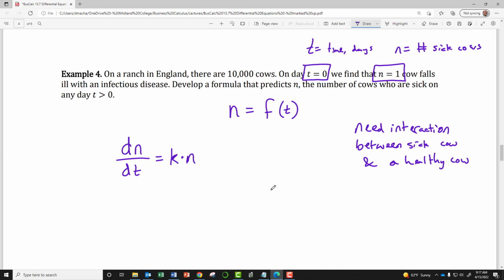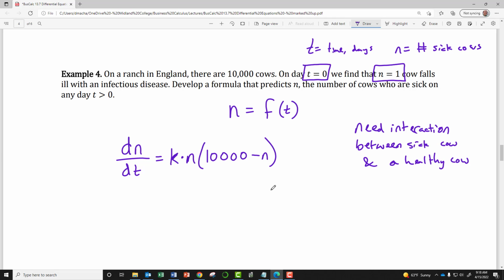So this rate at which new healthy cows are becoming sick is not only proportional to the number of sick cows, but it's also going to be proportional to the number of healthy cows. Well, the number of healthy cows should be the total, 10,000, minus the number sick.